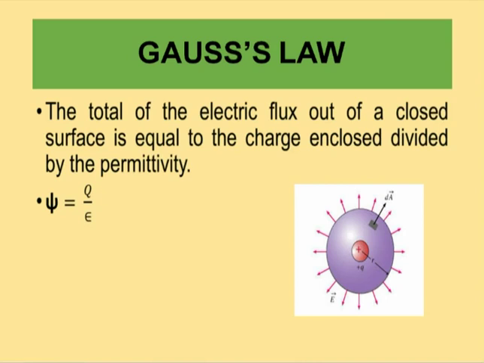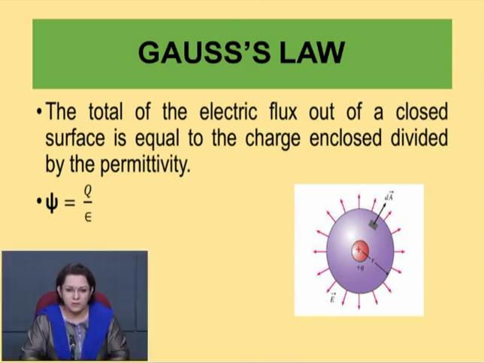Again, to state in plain, simple terms, the meaning of Gauss's law is the total of the electric flux which flows out of a closed surface is equal to the charge enclosed within the closed surface divided by the permittivity of the medium. Say we have a point charge of q coulombs within a sphere having a radius r. Say the permittivity of the medium is given by epsilon.